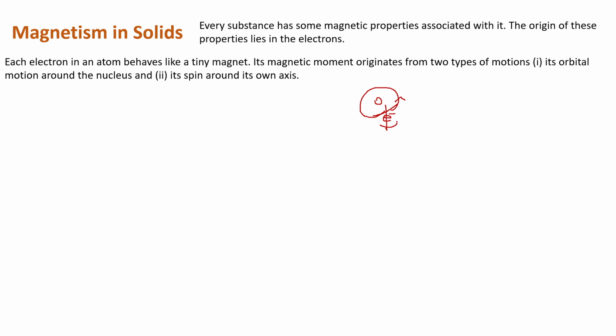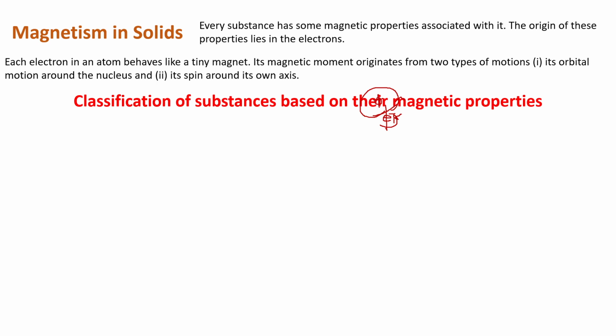It will keep rotating around its own axis, and it will keep rotating around the nucleus. Because of these two motions, self rotation around its own axis and motion around the nucleus in the orbit, it shows magnetic property.